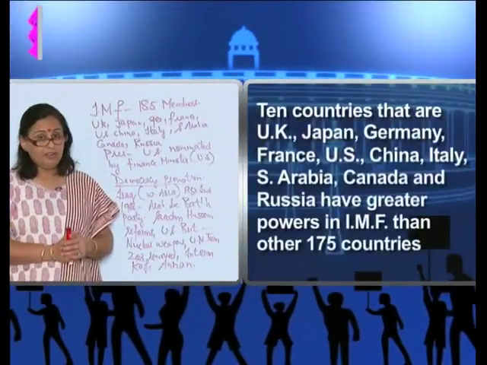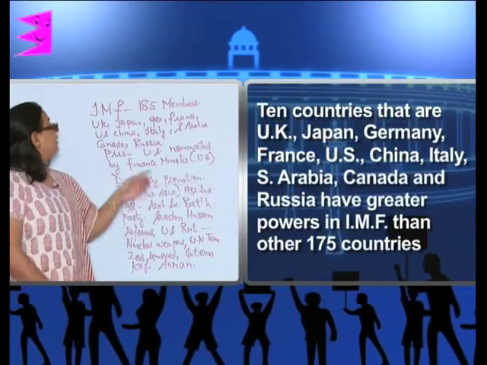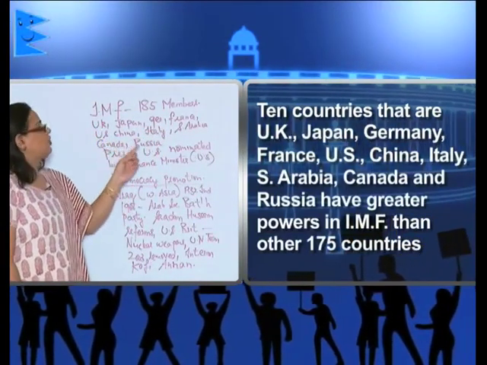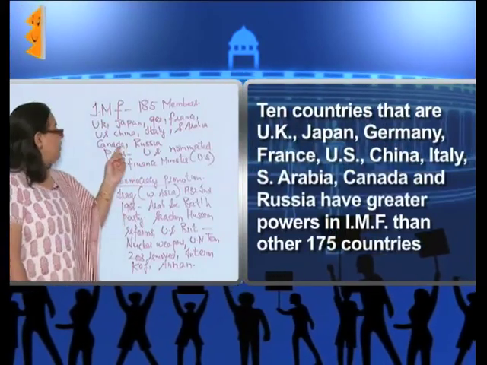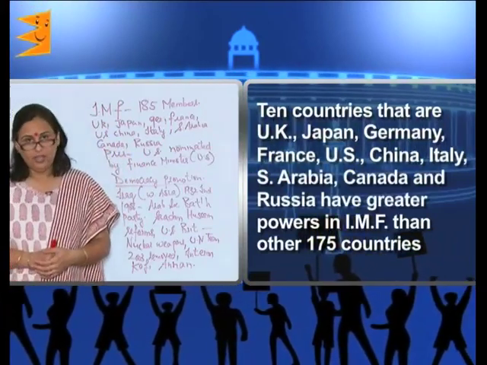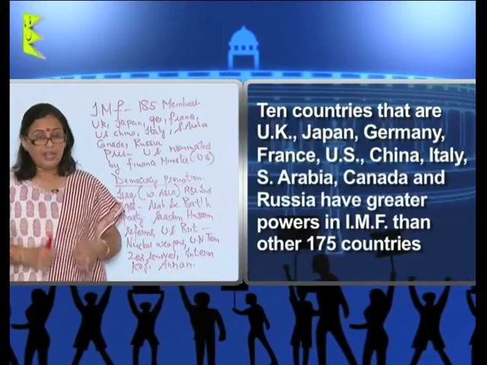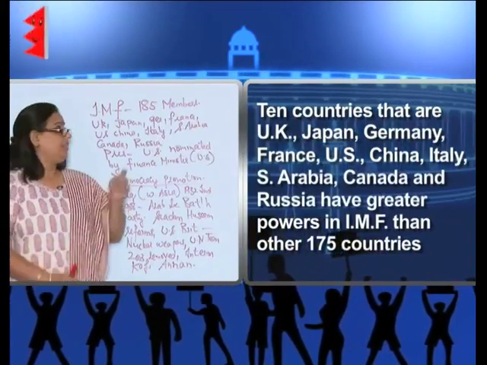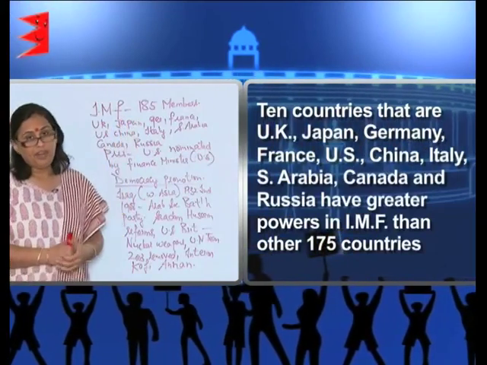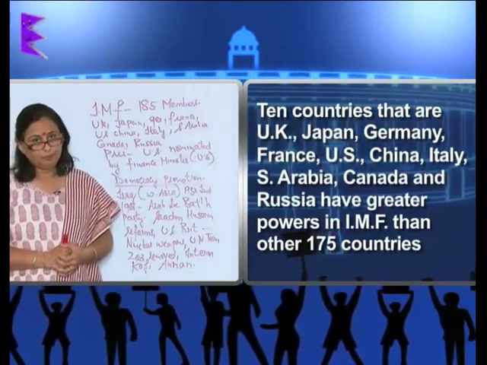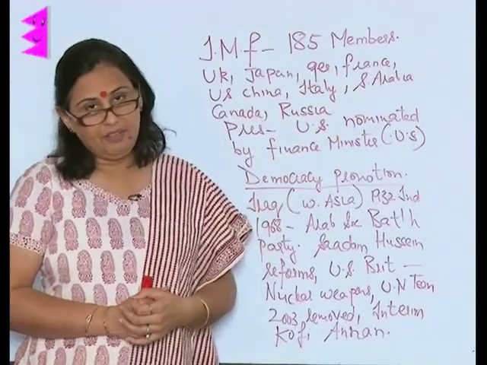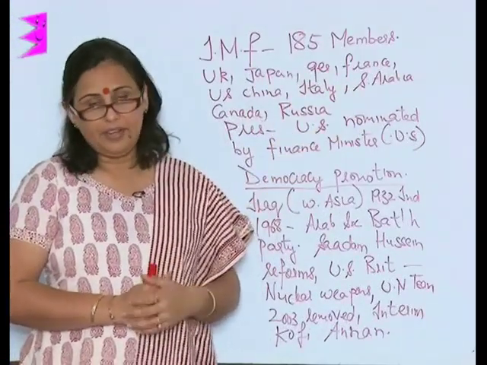The 10 countries of the world, that is UK, Japan, Germany, France, US, China, Italy, Saudi Arabia, Canada and Russia have greater powers, greater say in the International Monetary Fund organization. The rest 175 countries are secondary.